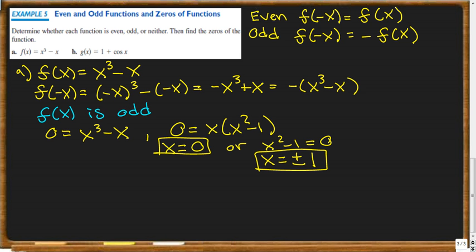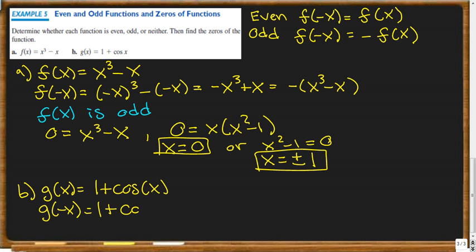Our last function, b, is g of x equals 1 plus the cosine of x. If we plug in a negative x for this, we get 1 plus the cosine of negative x, which the cosine of negative x is interesting.